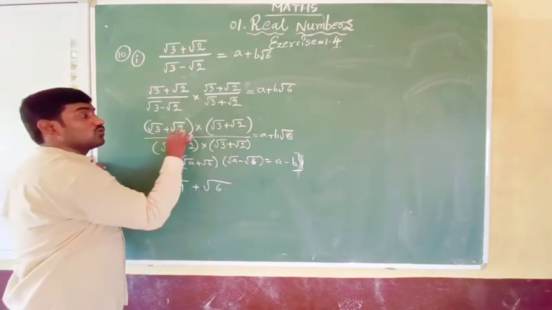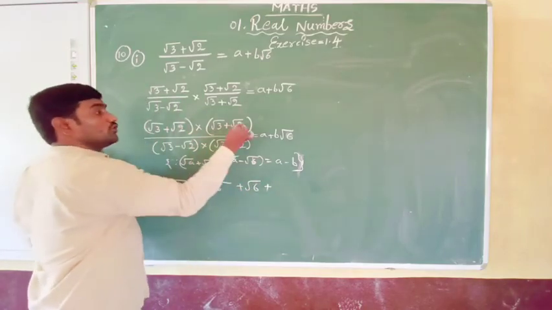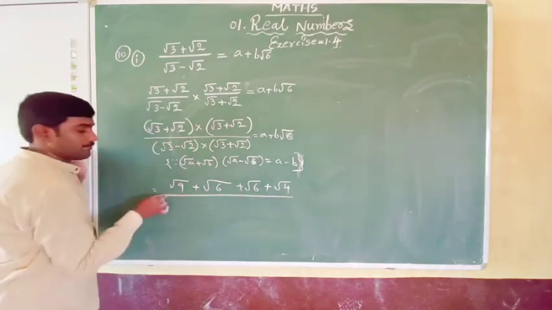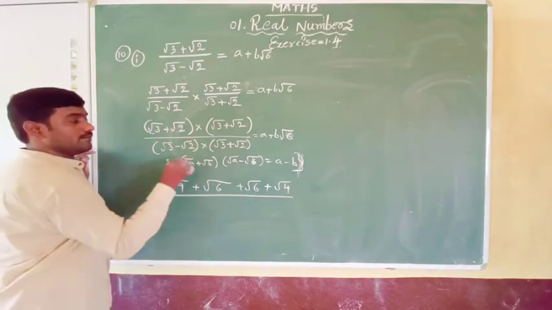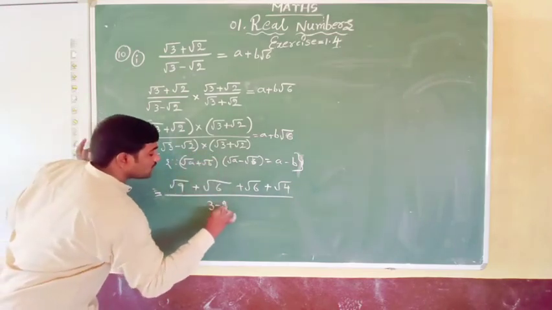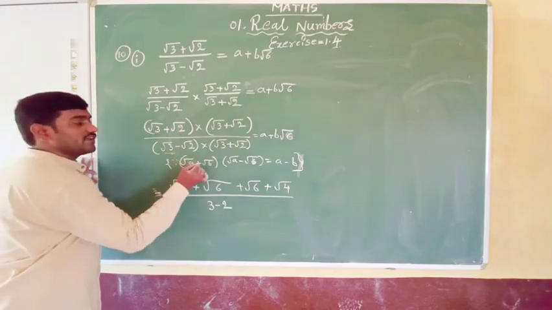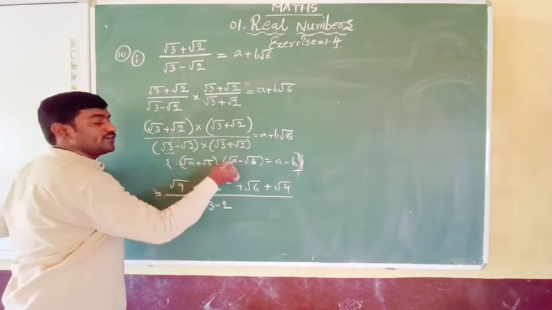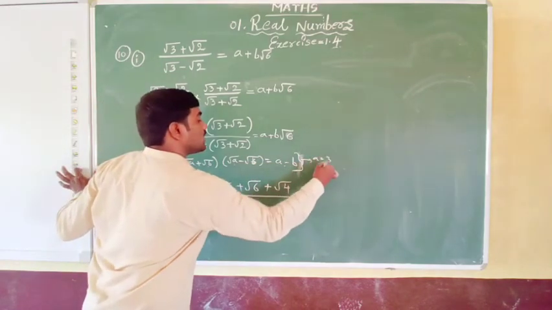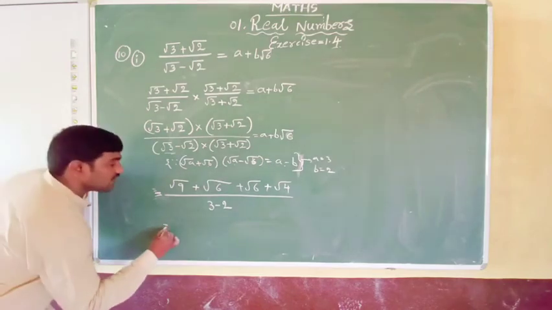Again with root 2 we multiply: root 2 into root 3 is root 6, plus root 2 into root 2 is root 4, all by a minus b, that is 3 minus 2, where a equals 3 and b equals 2. That is what I have substituted here.